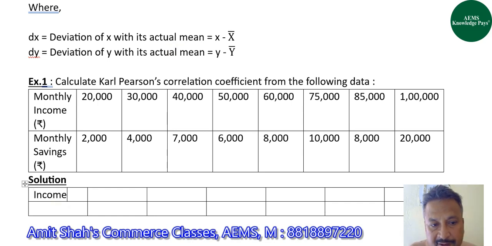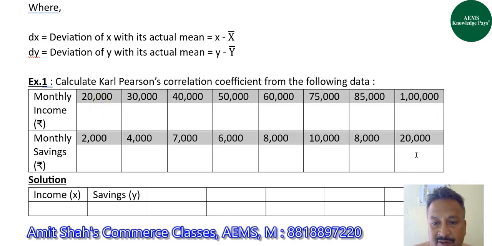We have to find the relationship between monthly income and monthly savings, where we take income as variable X and savings as Y.